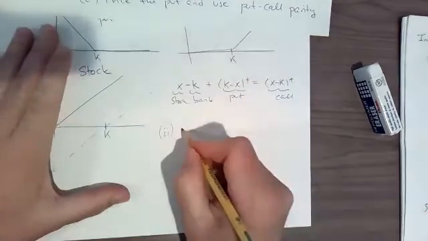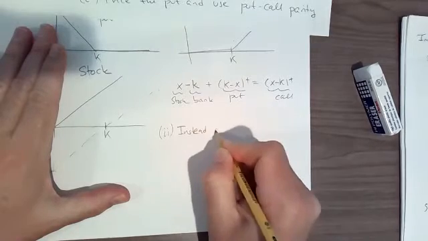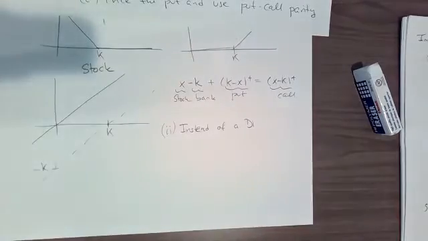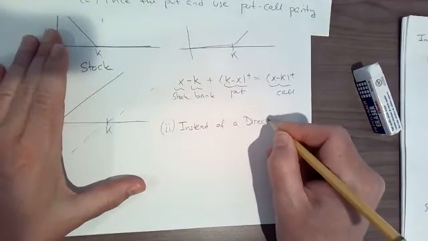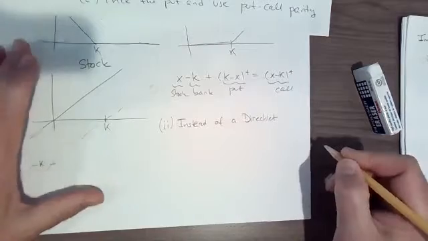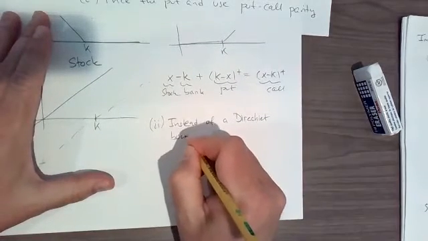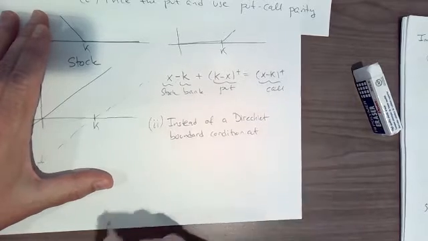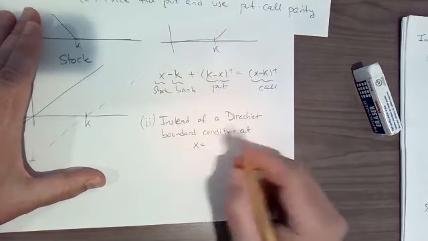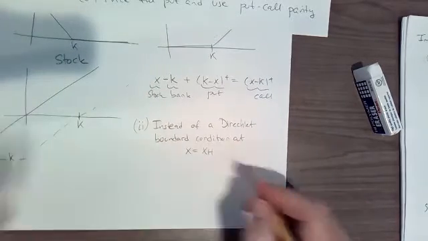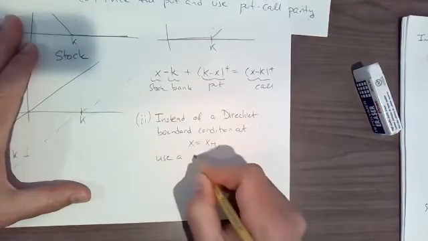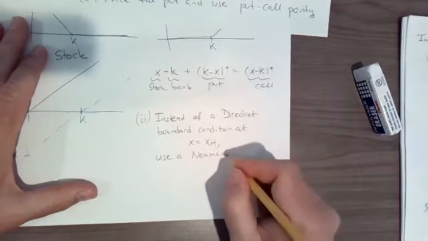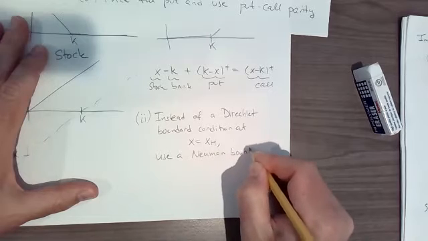So instead of a Dirichlet boundary condition at the right endpoint, you can use a Neumann boundary condition. I don't even know if I can spell Dirichlet. Neumann, is it 1 or 2? Neumann boundary condition.